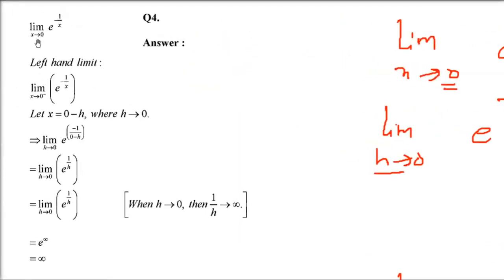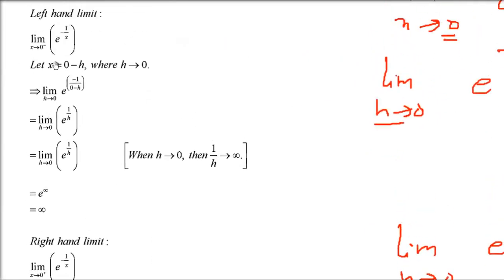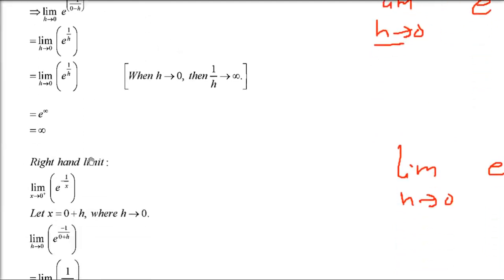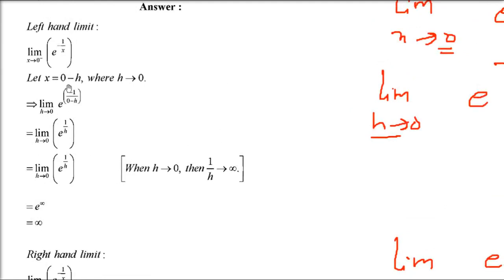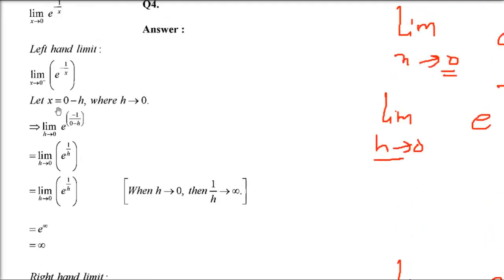Let me show you formally. We have the limit, we started with the left hand limit, 0 minus, and the right hand limit, 0 plus. In place of x, we put 0 minus h on the left hand side and 0 plus h on the right hand side for the right hand limit. Both sides, h tends to 0.